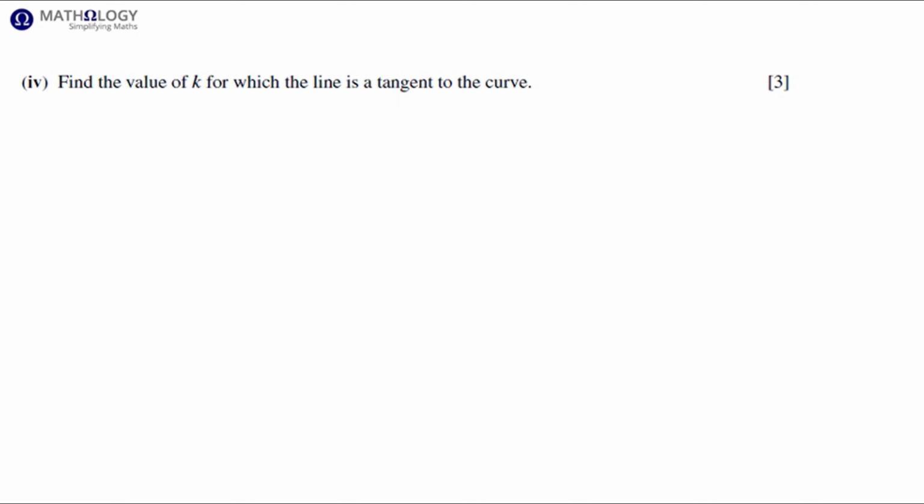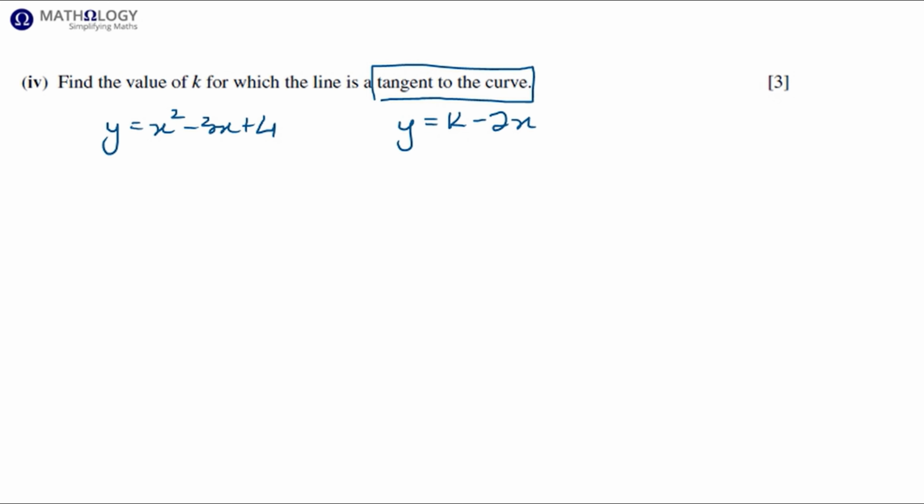Finally, find the value of k for which the line is a tangent to the curve. Okay, so just recall that the curve is y equals x squared minus 3x plus 4, and the straight line is y equals k minus 2x. Now we want to find the value of k for which the line is a tangent to the curve. Recall that a tangent is a straight line that cuts a curve at one distinct point.